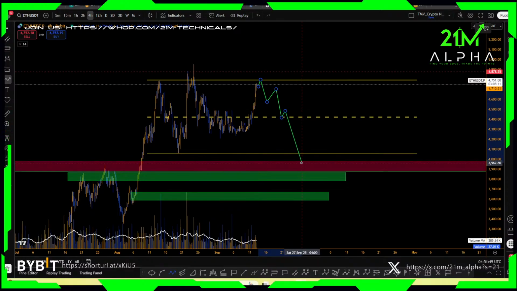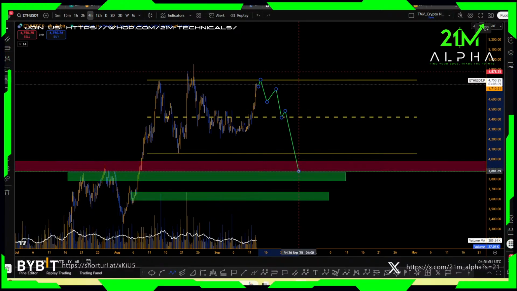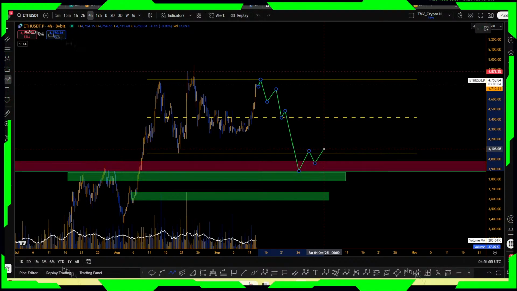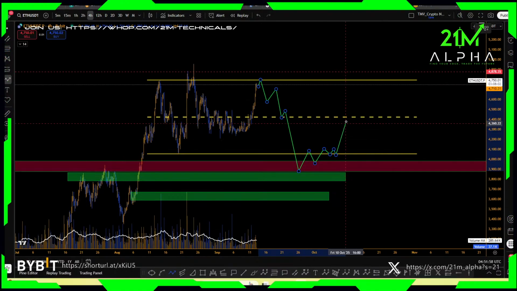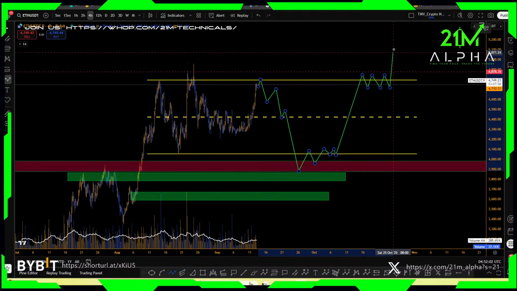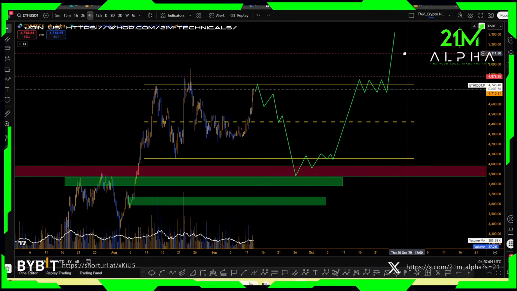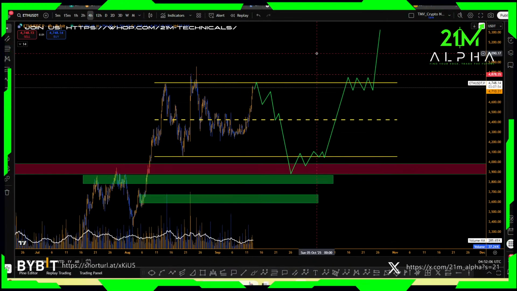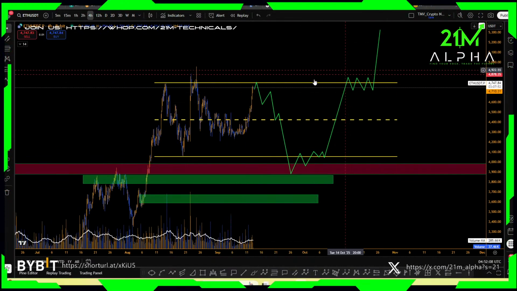After this, we accumulate slightly, go sideways a bit as October begins, and then go up for ETH in October. This is the first scenario, the most bullish case for ETH.